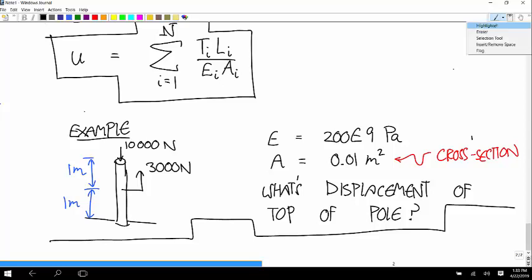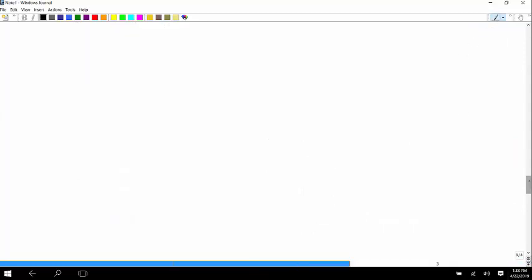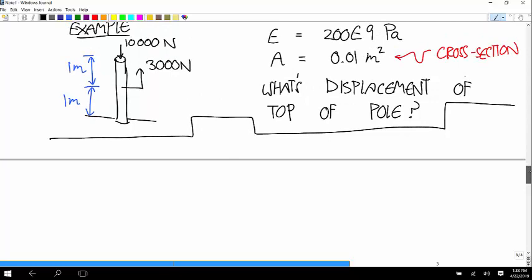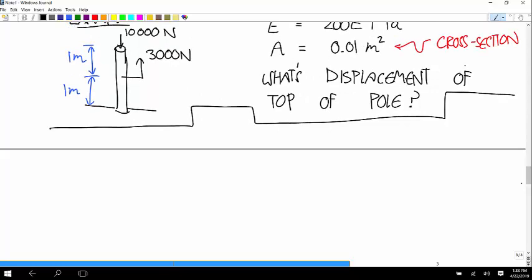Well, first we have to calculate the external loads. Since we're used to dealing with tension compression along the x-axis, I'm going to reorient this. So I'm going to think of this as my x-axis, this is my y-axis, and I'm going to draw it that way.